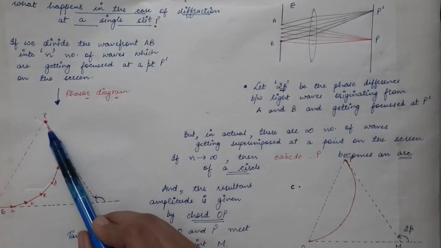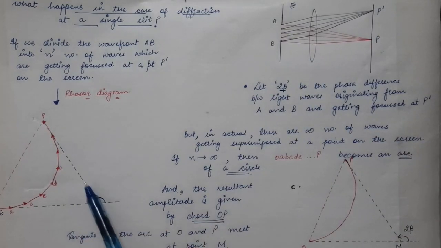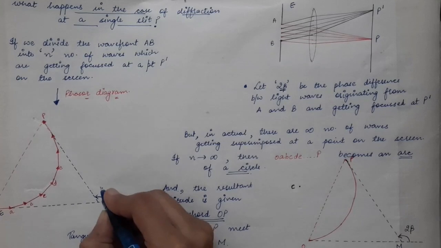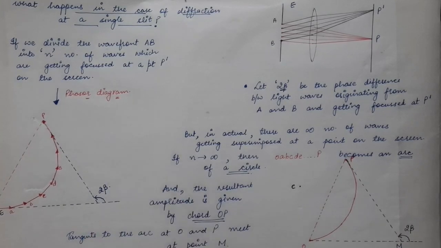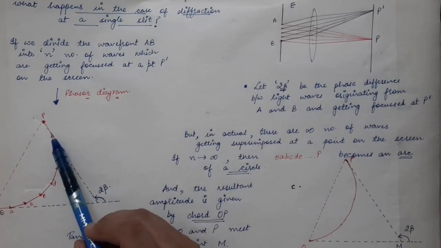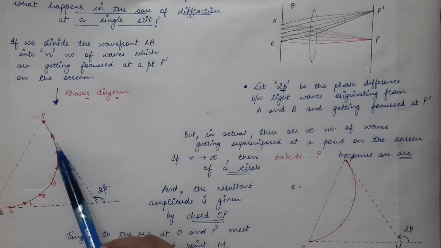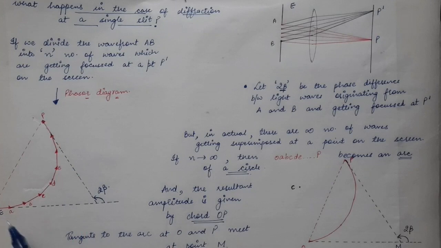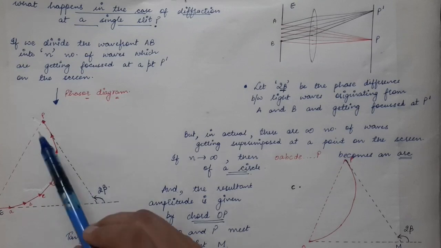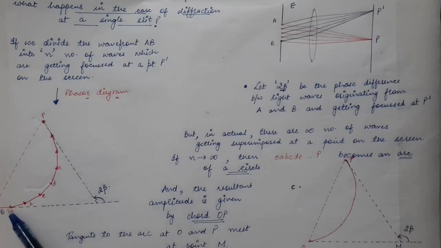So this last vector will make an angle of twice of beta with the horizontal. We have produced this last vector in the backward direction, and we have produced the first vector in the forward direction.